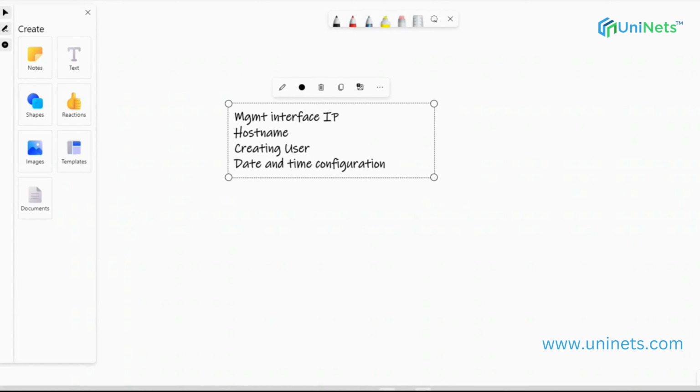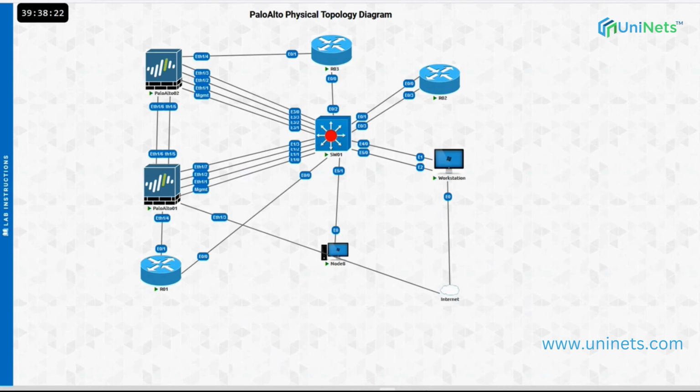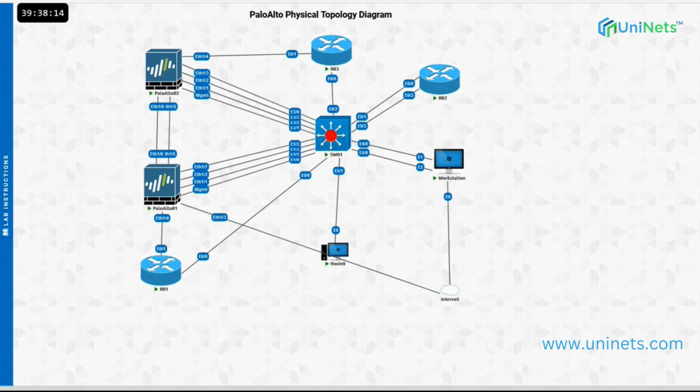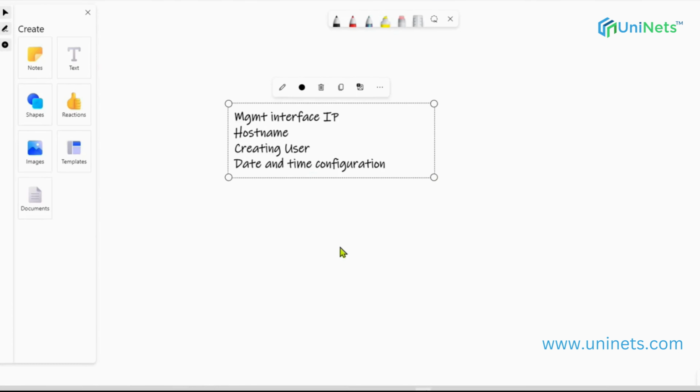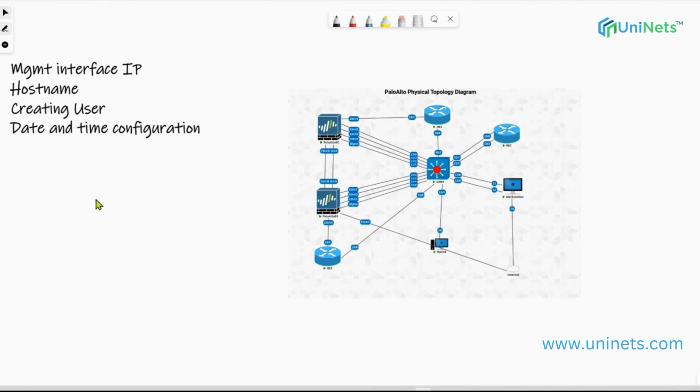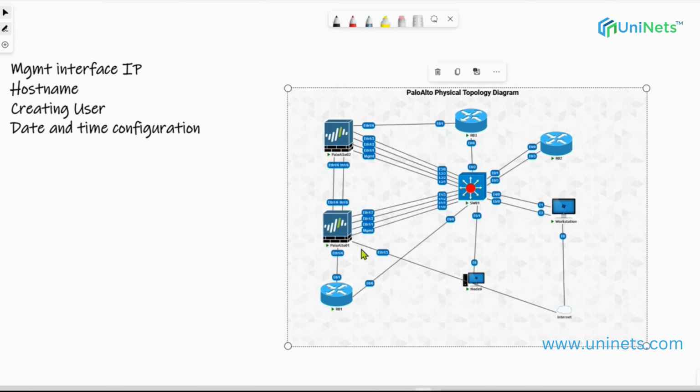So I have my lab. We discussed yesterday whether the appliance will be managed locally or through Panorama. That's the registration part. Panorama we are going to cover in later classes.